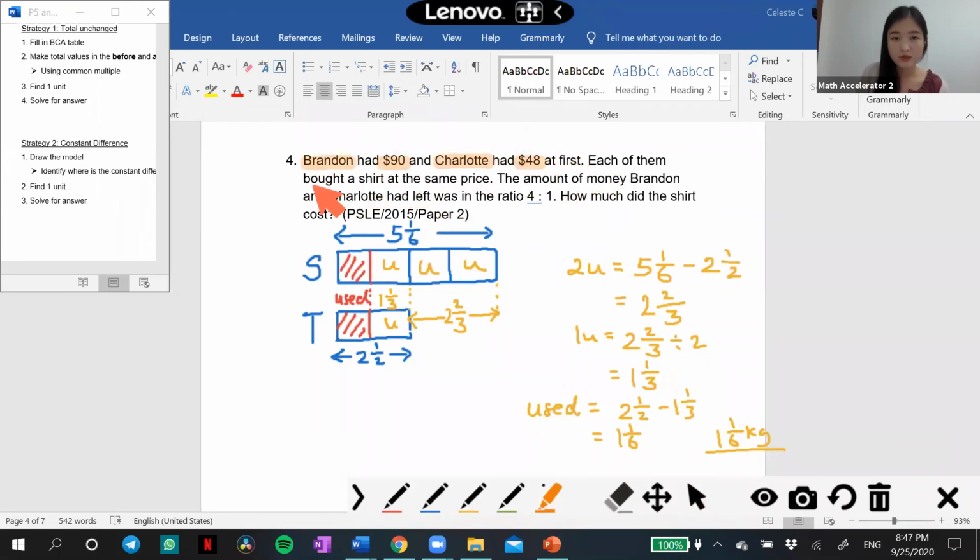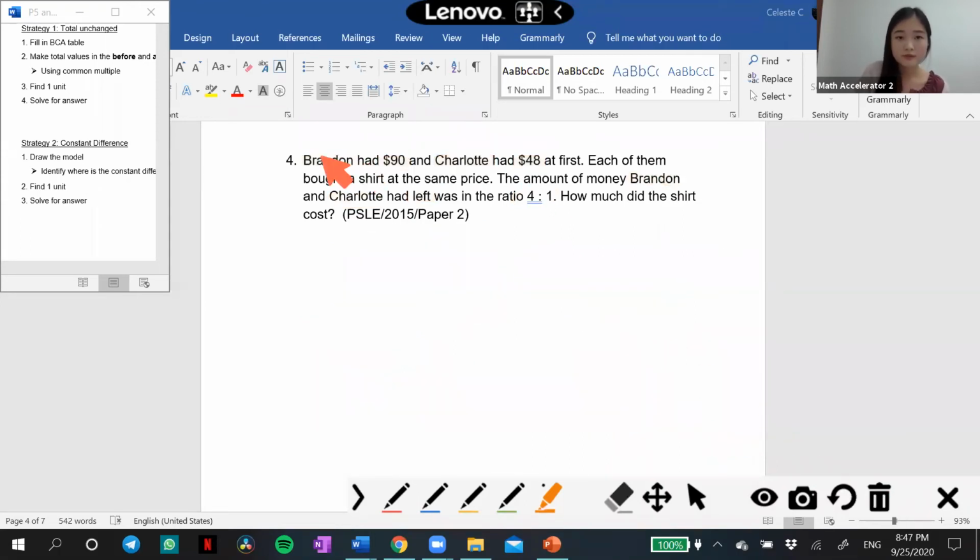This is at first, they bought at the same price. The amount of money Brandon and Charlotte had left was in the ratio 4:1. How much did the shirt cost? Okay, I'm going to clear the screen. Right, so if you can start drawing the model. Right, it's the same type as question 3.